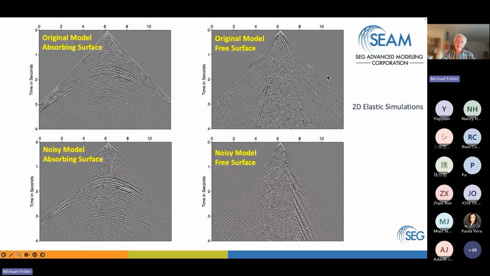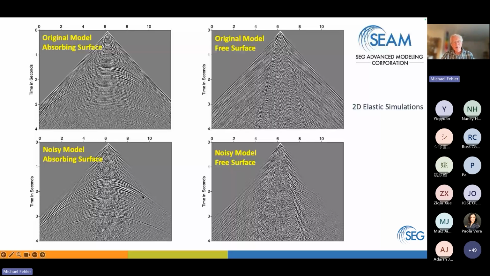So we could just take the model and add a free surface, and I'll show you an image where we've done that. But if we add the noise and go to an absorbing upper surface, so all we've done here is just added that near surface heterogeneity, the data quality degrades, but you can still see some good continuity of these reflectors, even at the near offset, even with this noise.